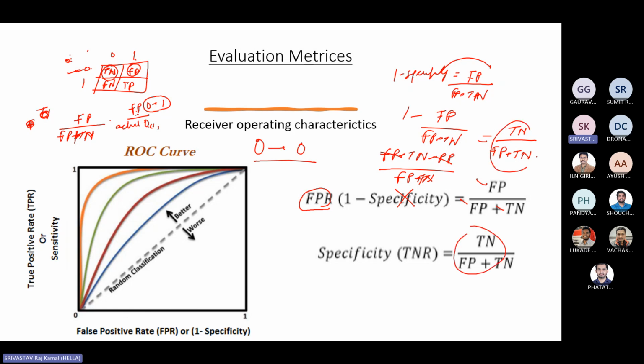I just focus on the term FPR, the false positive rate, which is well understood from the formula. False positive is in the numerator, and the denominator is actual zeros. This just says that out of actual zeros, how many converted into one? We want to put a check on that, so we want a lower false positive rate. This means we want to target all the thresholds which lie in this area.